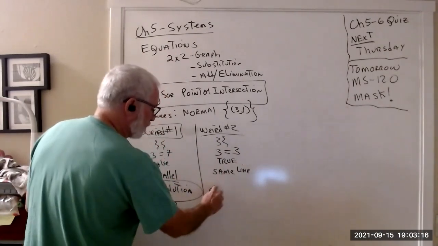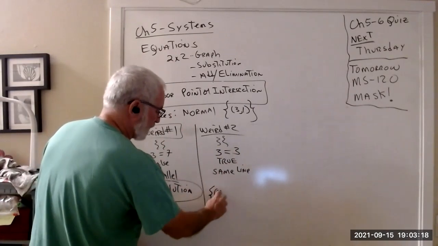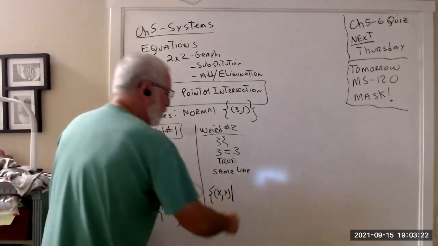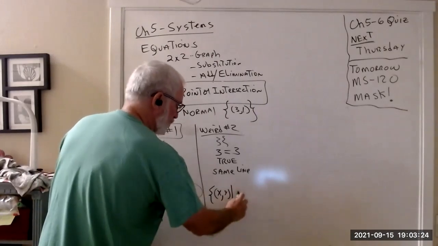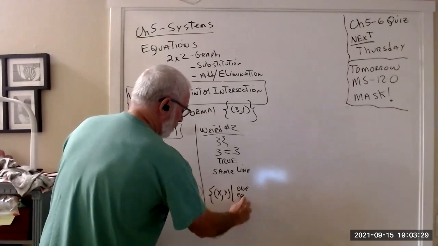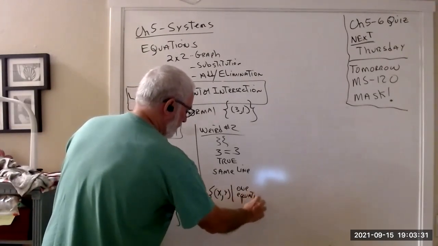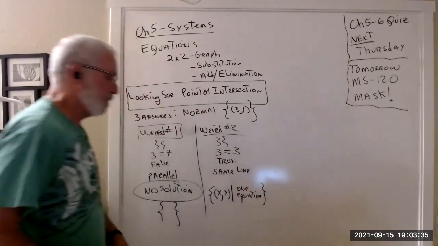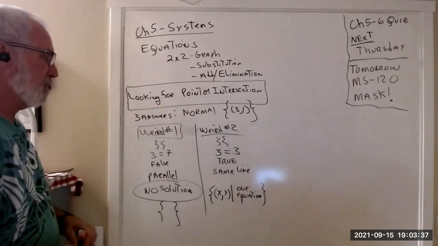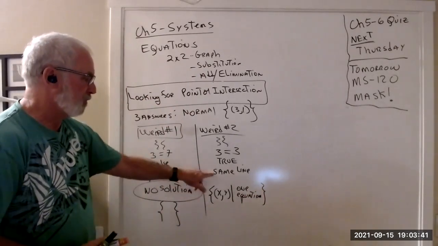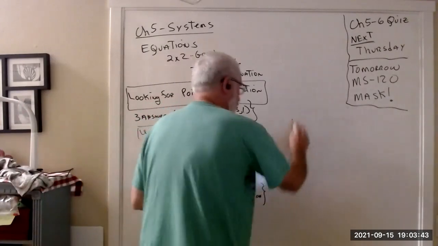You go solution set braces, x comma y bar, and then you pick one of the equations. I'm just going to write one equation. Whichever equation you want, it doesn't really matter, because they're both the same line. And so they have an infinite number of solutions because they're on top of each other.